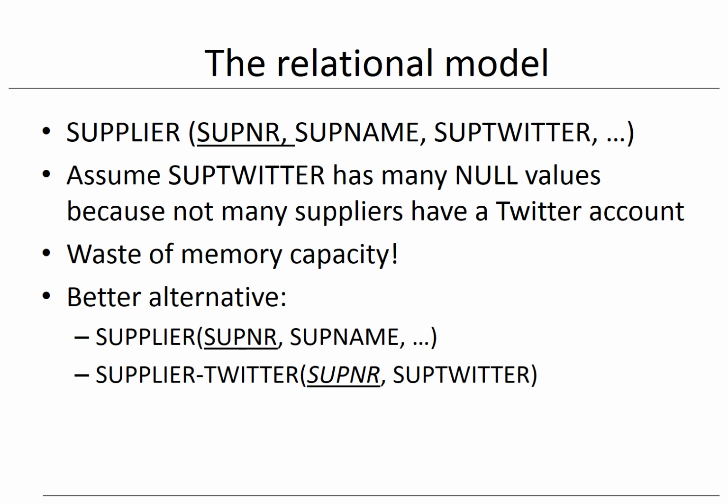A better option might be to split up the supplier relation in two relations, supplier and supplier Twitter, whereby the latter includes supplier number as a foreign and primary key and sup Twitter. As we will discuss later, both relations can then be joined in case we want combined information from a supplier.